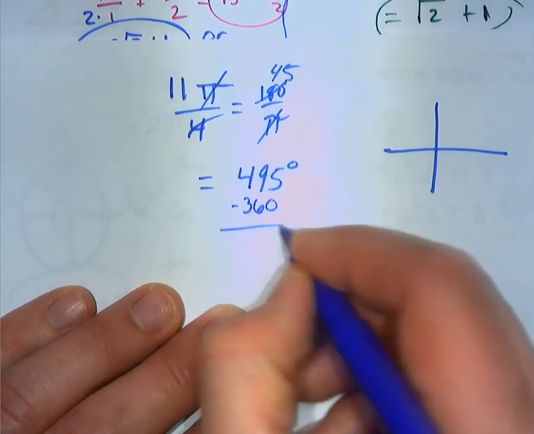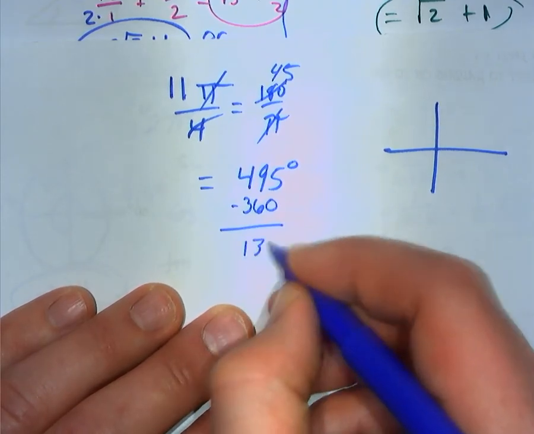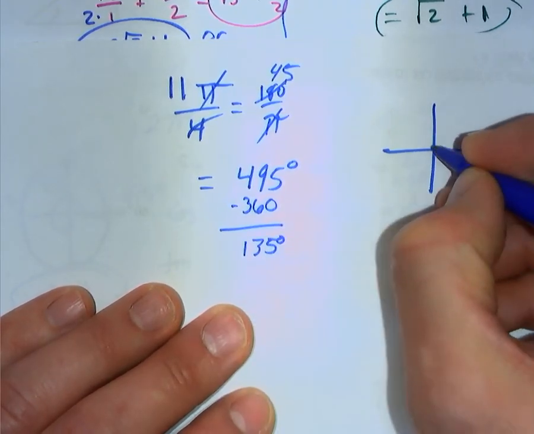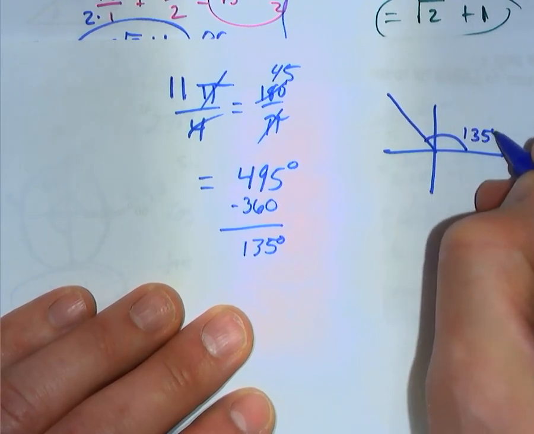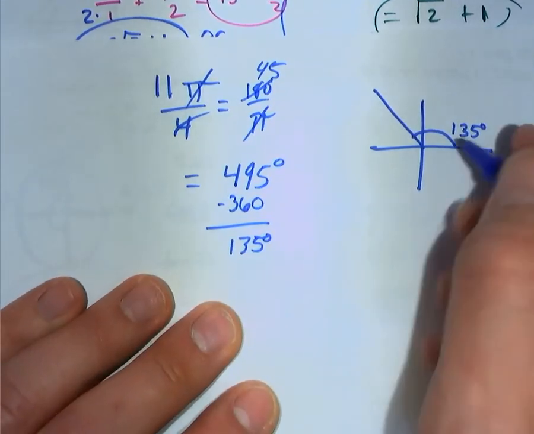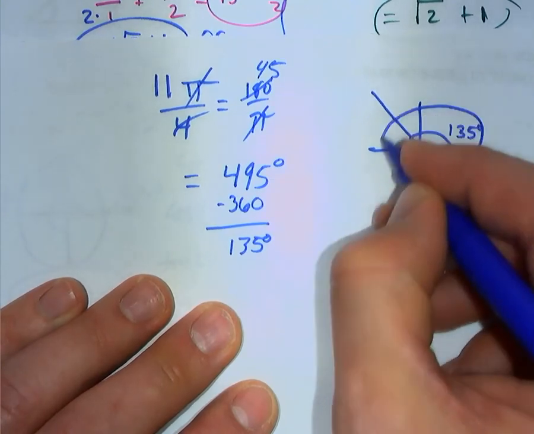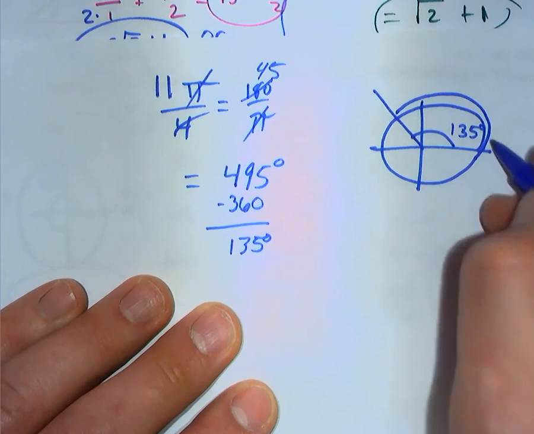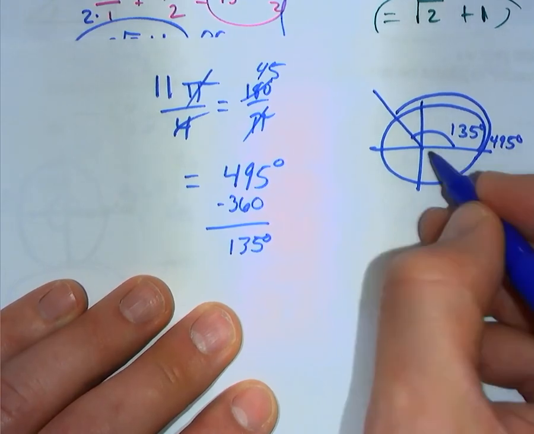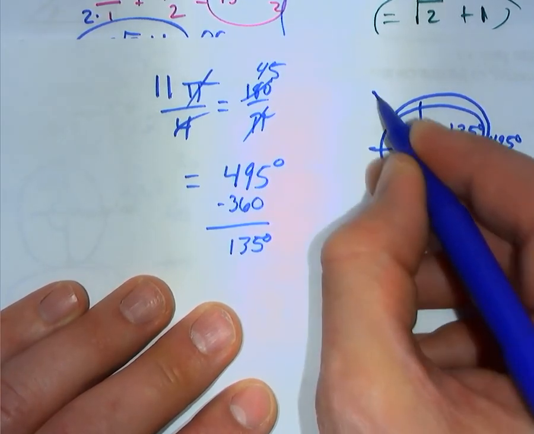If I subtract 1 revolution around, I get 135. That's called a coterminal angle. So that's 135. Okay. So if you go around 360, and go again, that's going to give you the 495. That's going to put you exactly in the same spot.